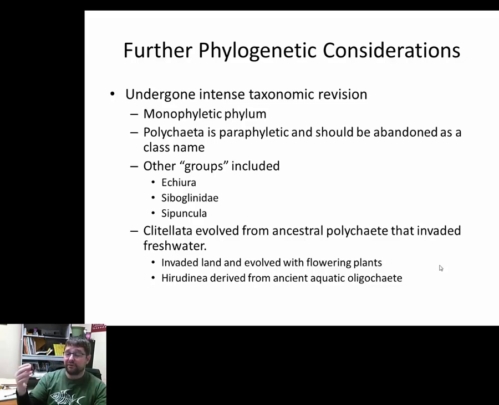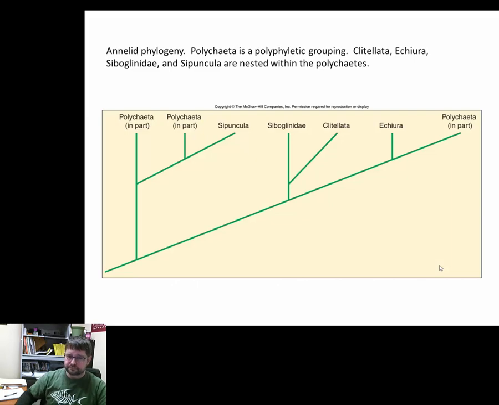But again, we're also missing some other groups. Oligochaetes are a paraphyletic group which needs to be revisited, so the taxonomic considerations need to be changed for this group. When we look at the phylogenetic tree, this is what it looks like. It's kind of confusing.